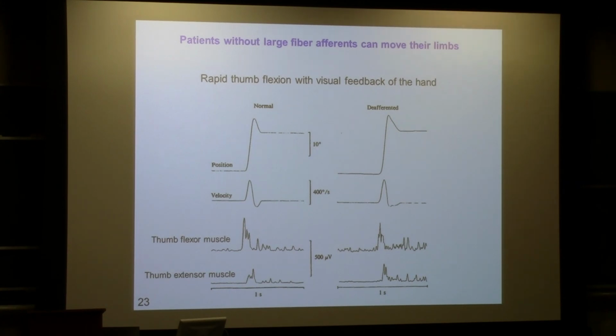So how important is this feedback for control of voluntary movements? When you make a movement from point A to point B, how important is this sensory feedback in determining that activation in the muscles? Well, what I want to show you is that patients that have suffered a disease called large fiber neuropathy, basically in large fiber neuropathy, those muscle spindles die.